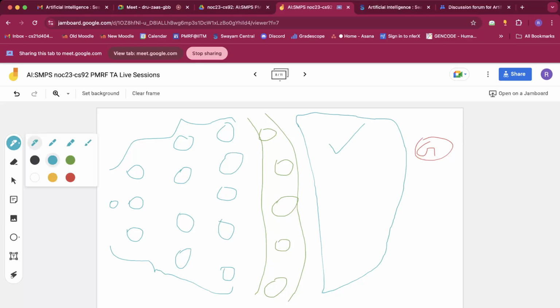So what SMGS recommends is for each node in the open list, which is this list, you maintain a link to the immediate node in the closed list which it is connected to.